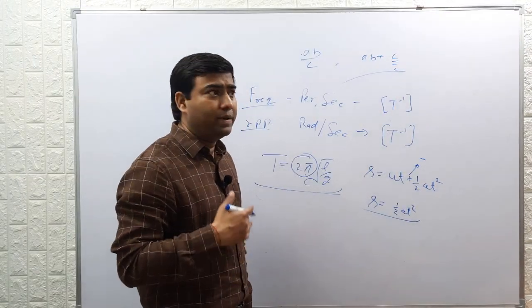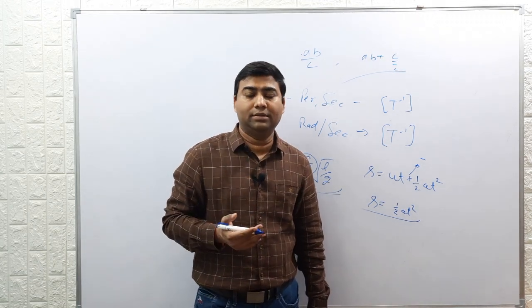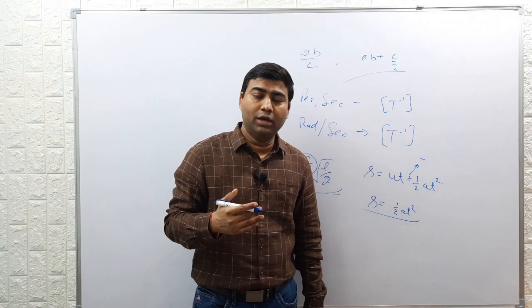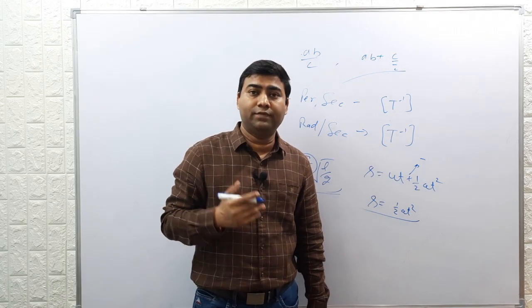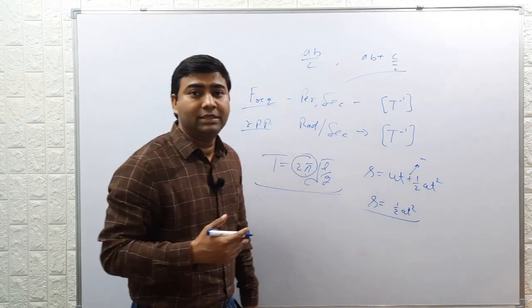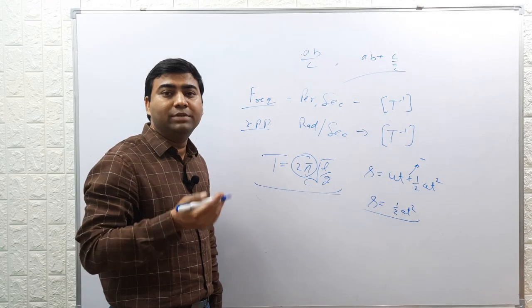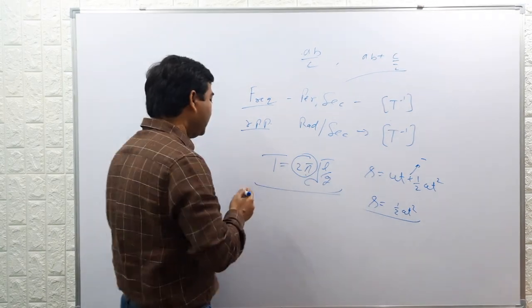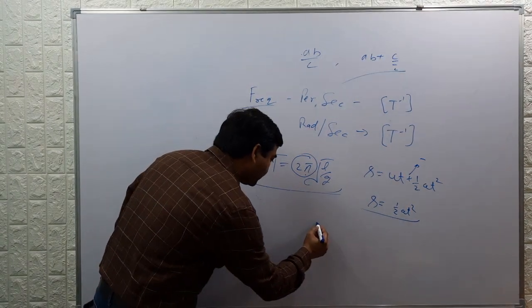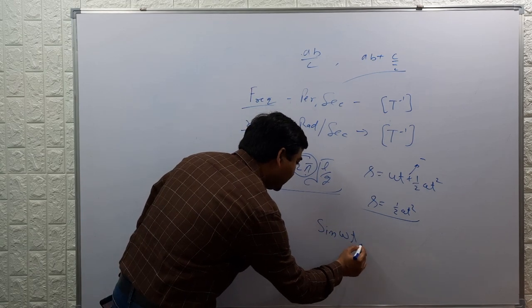Similarly, the method of dimensional analysis cannot be applied to derive formulas which use trigonometric functions, logarithmic functions and other functions where the powers are usually dimensionless. For example, sin omega t.